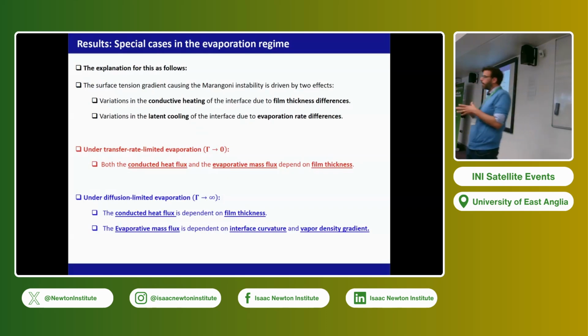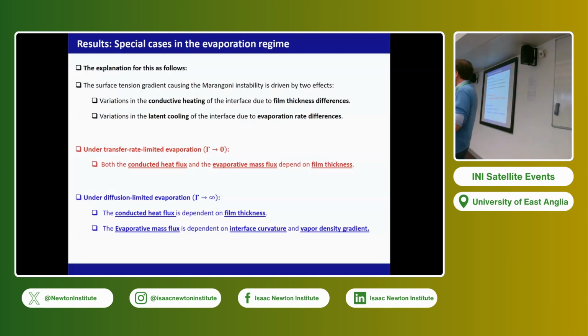The thing is this. As I said, the conductive heating, which creates one of the parts of the Marangoni instability, is due to film thickness differences, while the second part, due to latent cooling, is due to evaporation rate differences. In the transfer rate limited evaporation, the evaporating mass flux, so this evaporation rate, depends as well on the film thickness. So both terms depend on the film thickness.